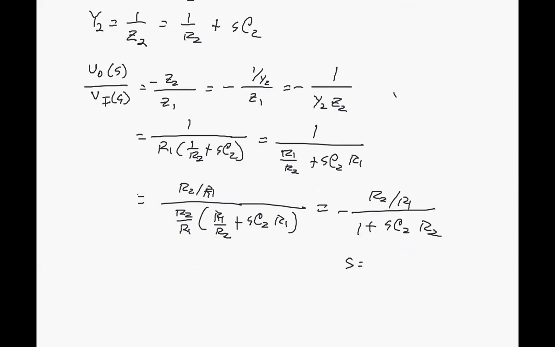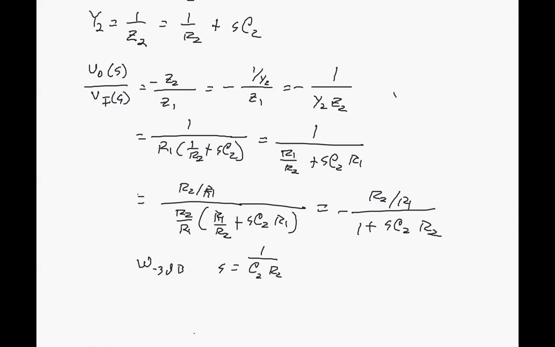So for a very low frequency DC, we just have the inverting configuration, and if it's a very high frequency, we have 0, and we also have a 3 dB down point, where S is equal to 1 over C2 R2.